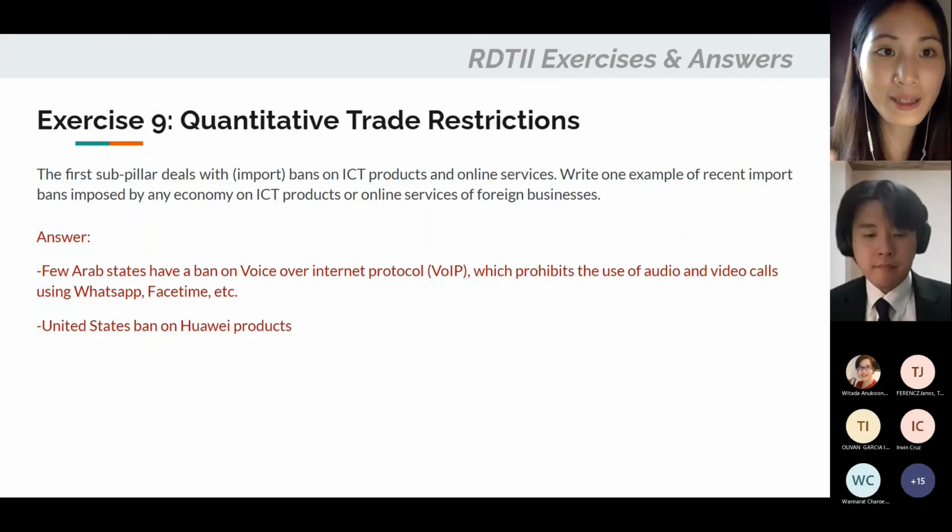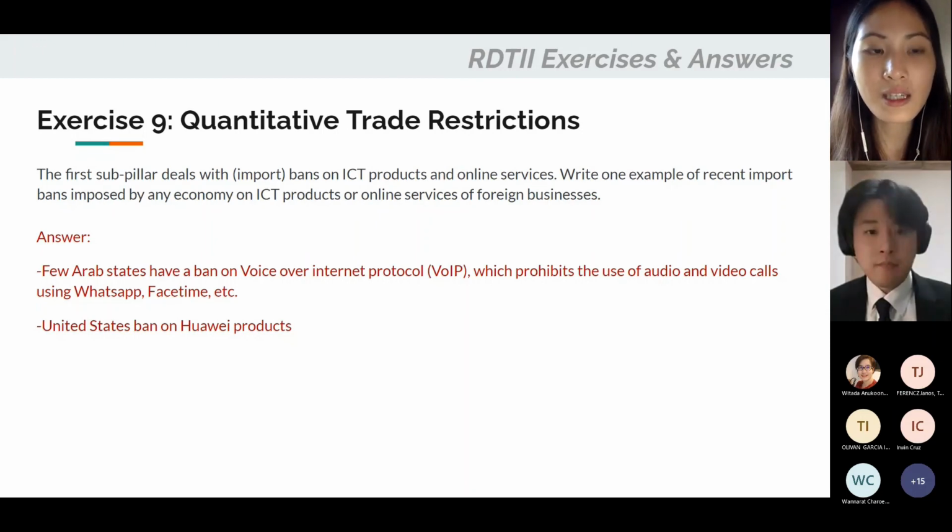Also, the ban we consider to be the most restrictive when compared to other quantitative trade restrictions, because it completely prohibits the flow of trade in goods. Also, usually the country imposes this ban to protect national security or cyber security within the domestic market as well. And I will go to the next question.